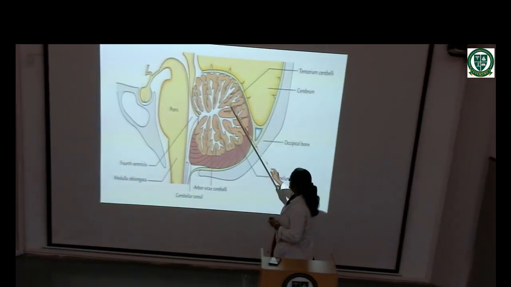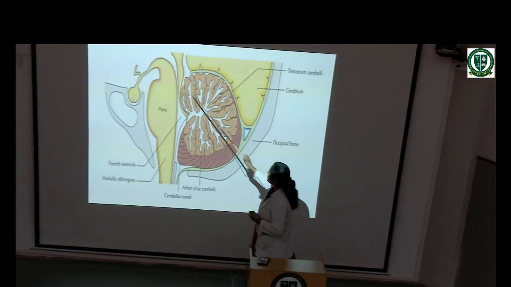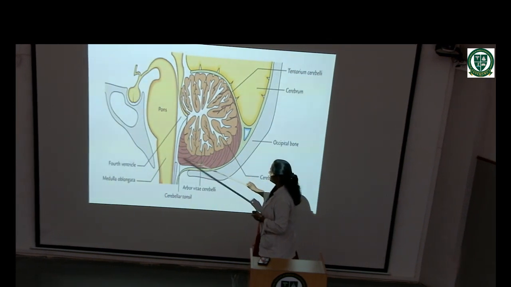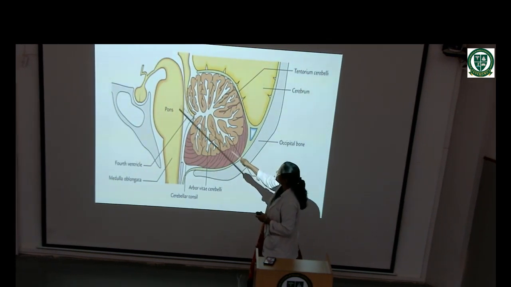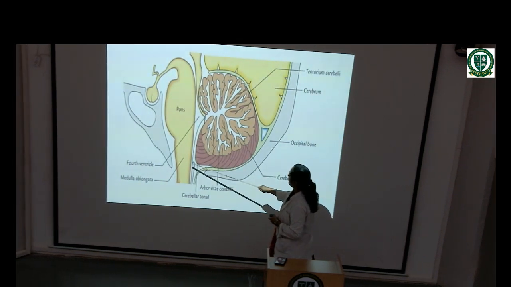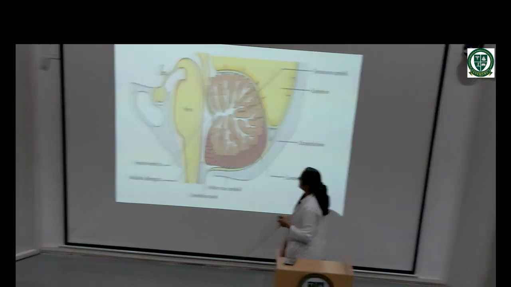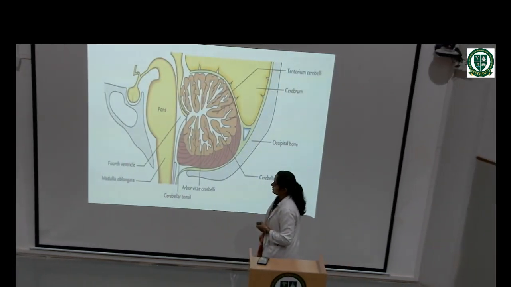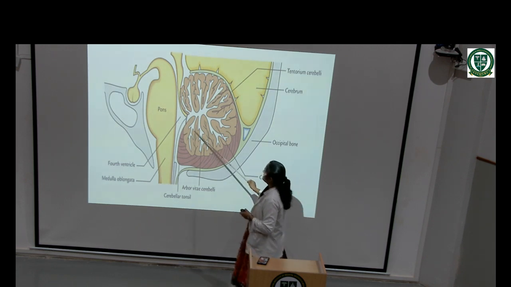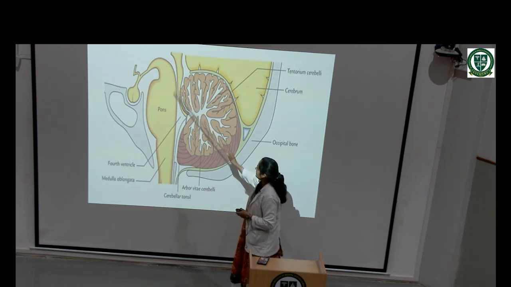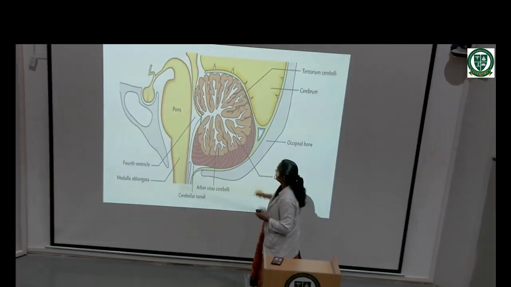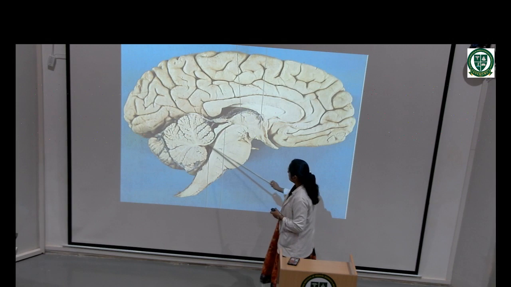Now, this cerebellum is connected to various parts of the brain stem, that is your midbrain, the pons and the medulla oblongata, through channels which contain fibers, and those are called the cerebellar peduncles. You can see here, this is the cerebellum.